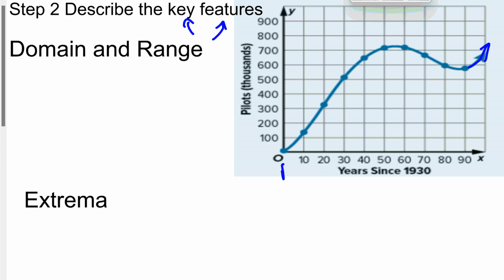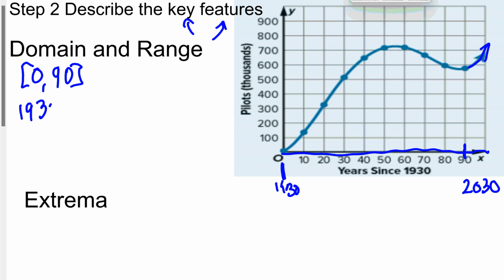In the context of the problem, it starts in 1930, so 0 to, I can't go past 100 years because that'd be 2030, and we're not at 2030 yet. So I just want 0 to 90, which represents 1930 to 2020.